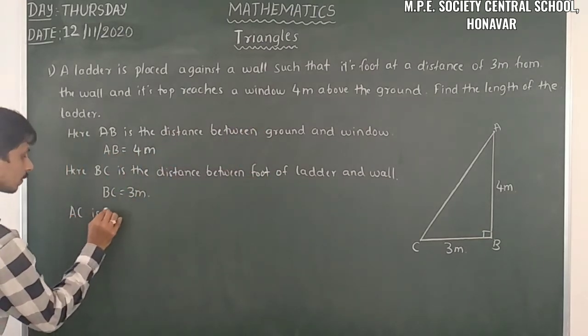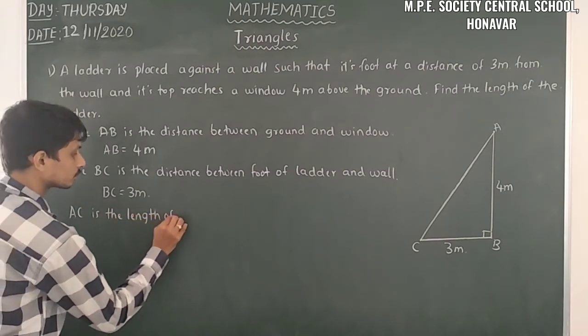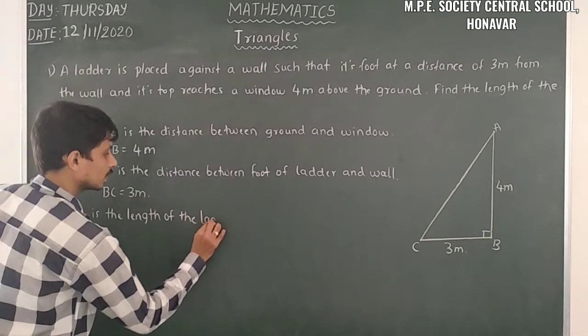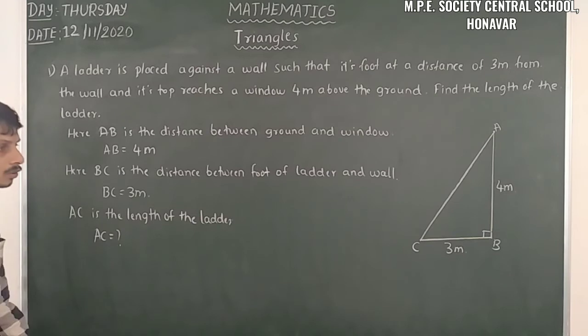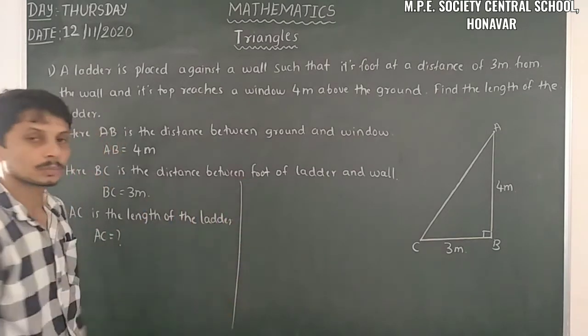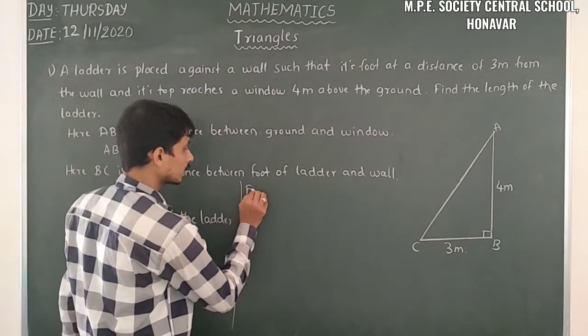AC is the length of the ladder, so AC we have to find out. Let us find the value using the Pythagoras theorem.